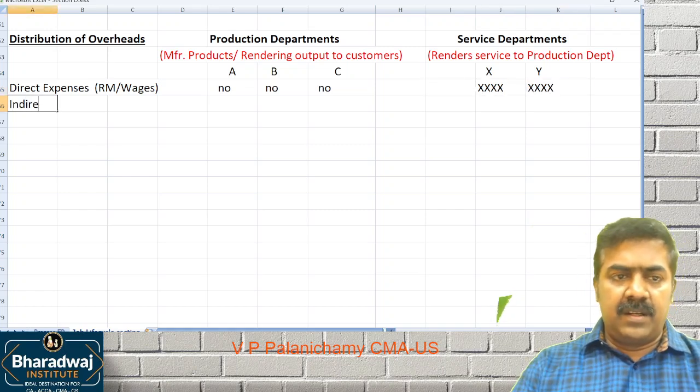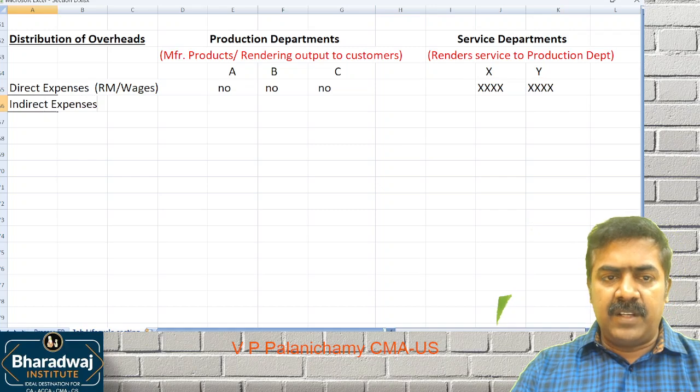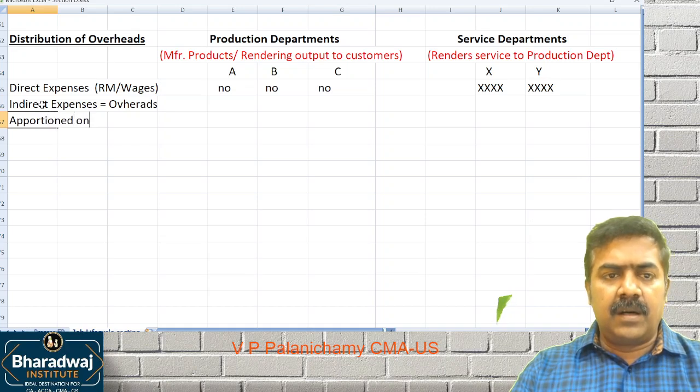Then indirect expenses, we call it as overheads, apportioned on a suitable basis.